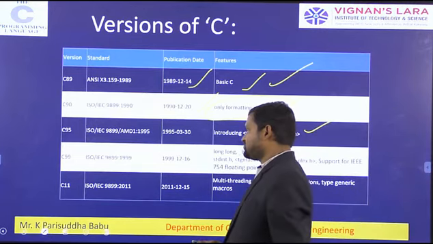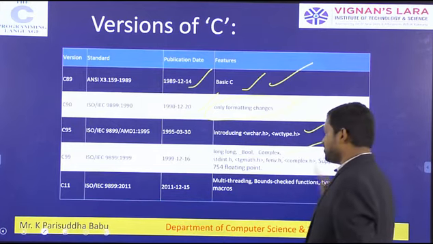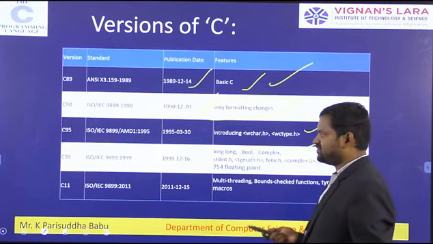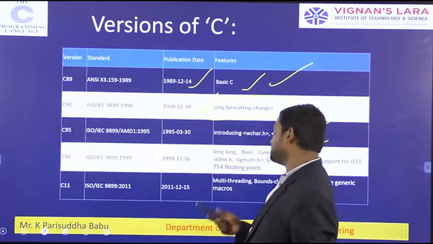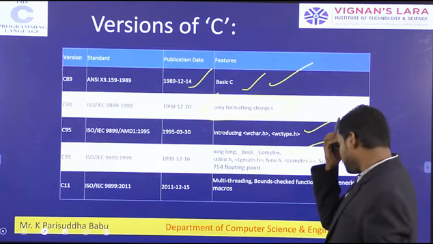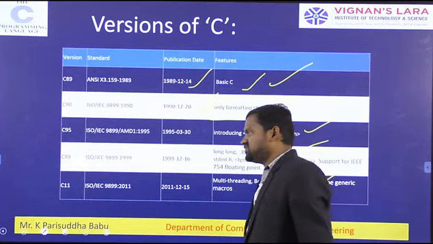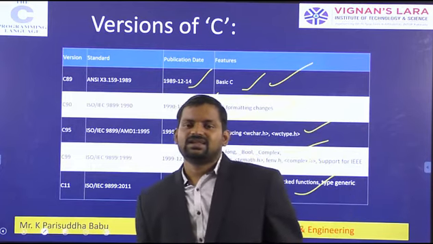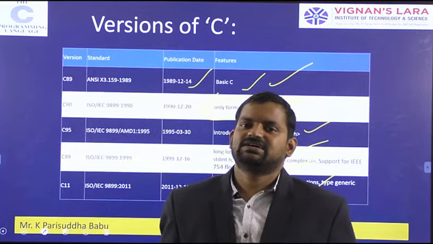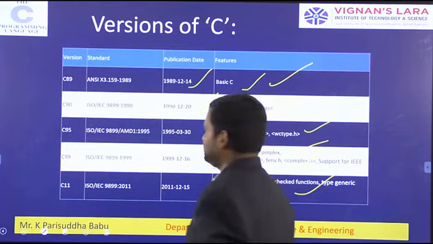After that ISO C99 developed long long, Boolean, complex numbers, and also the complex.h header file, from the IEEE format. They also implemented in C11 multi-threading, bounds-checked functions, and type-generic macros, in 2011. Likewise, many features are added to the previous ones.